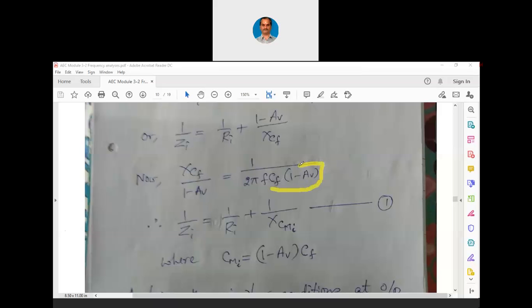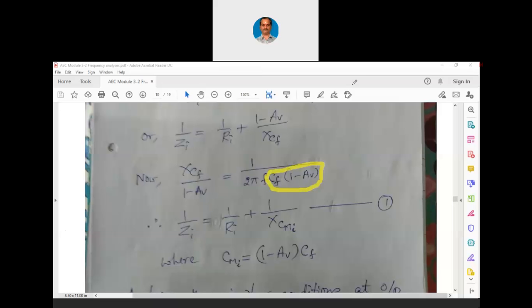So this particular term here can be represented in this manner. CF into 1 minus AV into 2 pi f is given as XCMI, or the reactance of the Miller capacitance, where CMI equals 1 minus AV into CF.